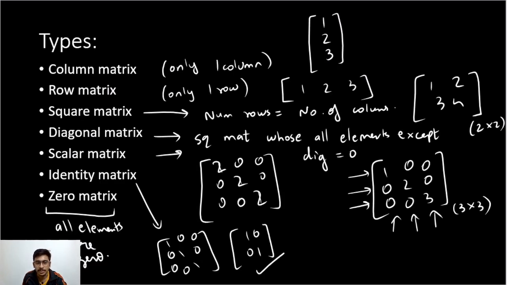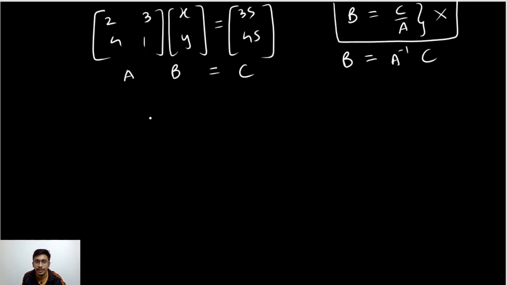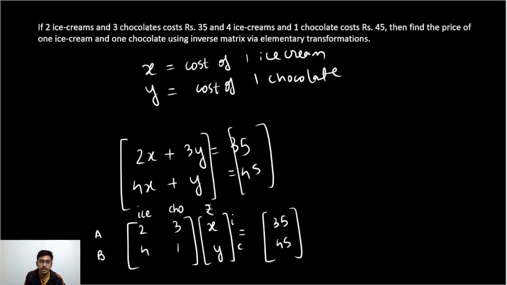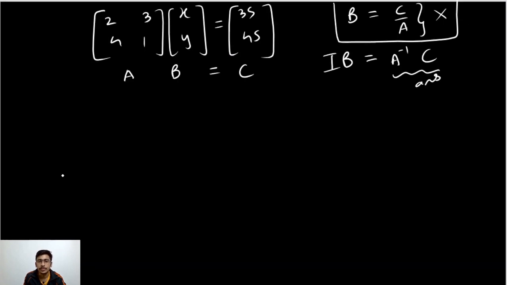This identity matrix. So this is our basic goal. We want to transform A into this identity matrix, because if it becomes identity matrix, what we are left with is basically B. So I into B will give us A inverse into C, and A inverse into C will be our final answer, which is nothing but our B. Correct? So that is how we can solve this equation with elementary row transformations, right?